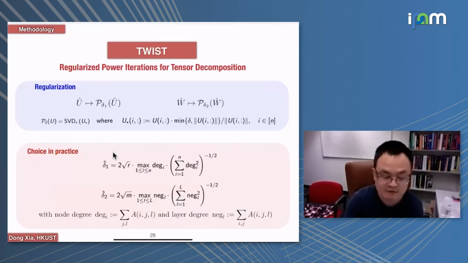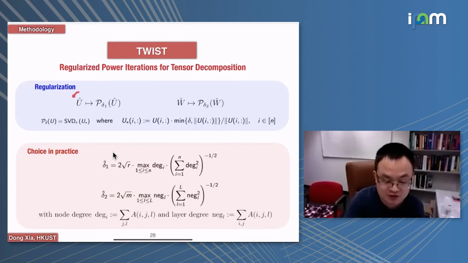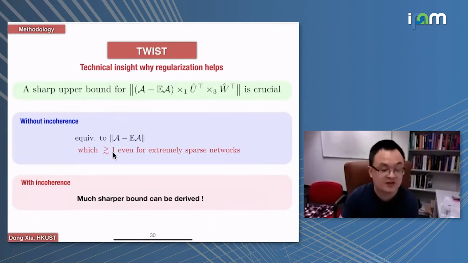In every iteration, after we obtain an estimate of the singular vectors, we apply some truncation procedure. By this procedure, we can guarantee that the estimated singular vectors are incoherent. So this is the intuition for regularization, and also, from the theoretical point of view, we have another reason to introduce this regularization.